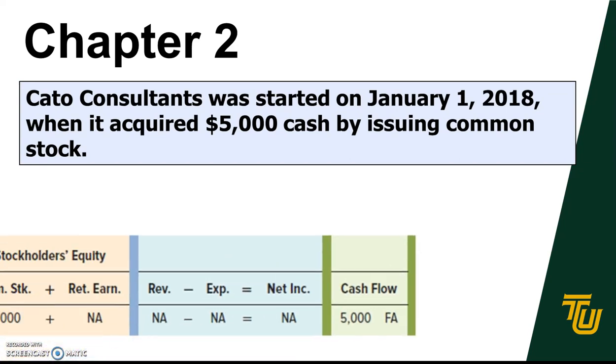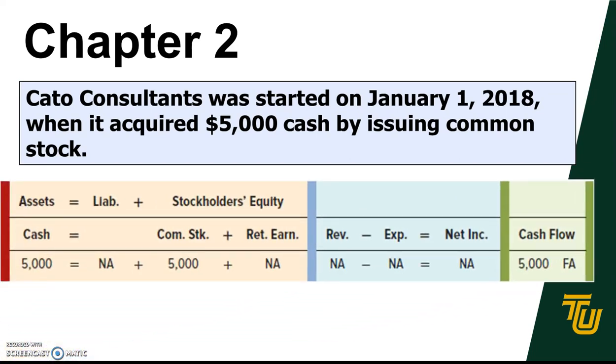The other account that will be impacted is our common stock account to show that we sold those shares of common stock. What you'll also notice over here on the right is our statement of cash flows. This is a new column in this framework. You'll see this in the online homework when you get to it for Chapter 2. We're keeping track of our statement of cash flows activity.